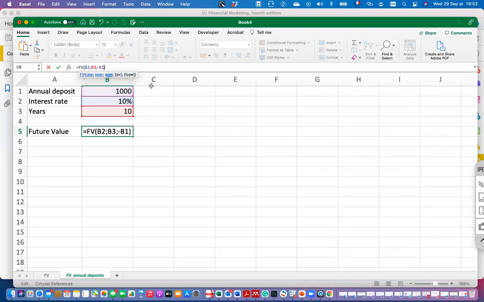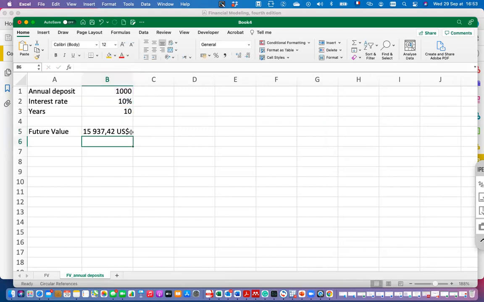Here in the inputs, you have rate, number of periods, PMT, then PV and type. So I left PV and type blank. Then I click enter, and I get this number, $15,937.42, which is the value of your investment by the end of 10 years.